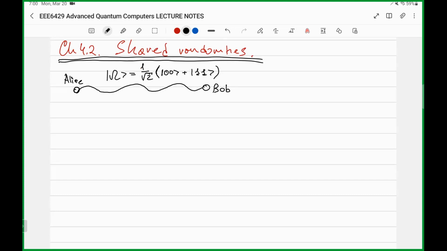So this is the important experimental fact. Let's say you created your entangled qubits when they were very close to each other, and then separated them. For example, you sent one to Mars and the other one to the moon.